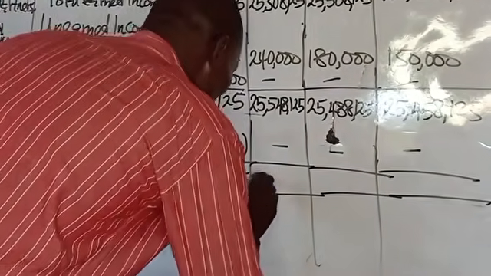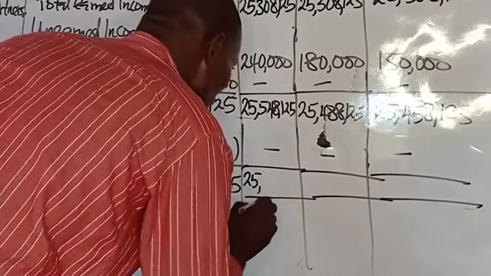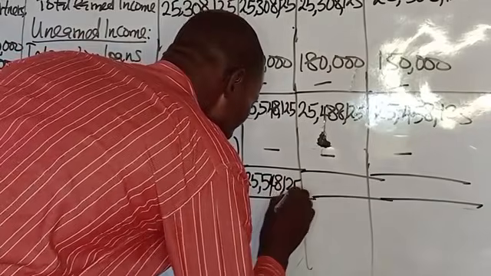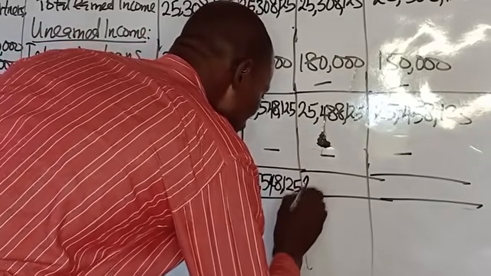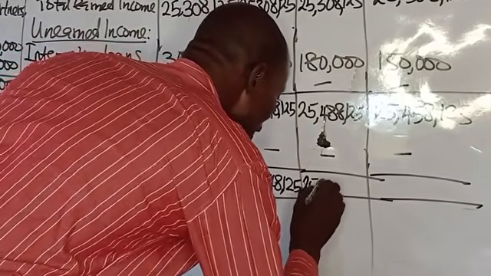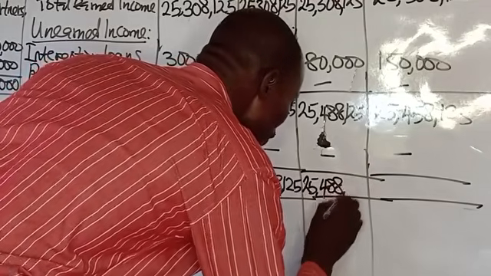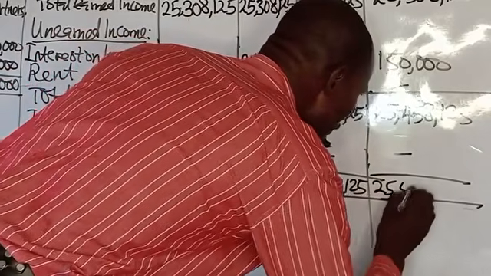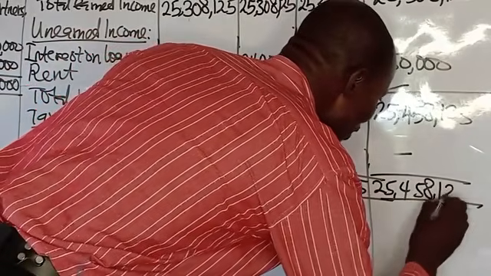Then 25,548,125. Then this one is 25,488,125. Then this is 25,458,125.